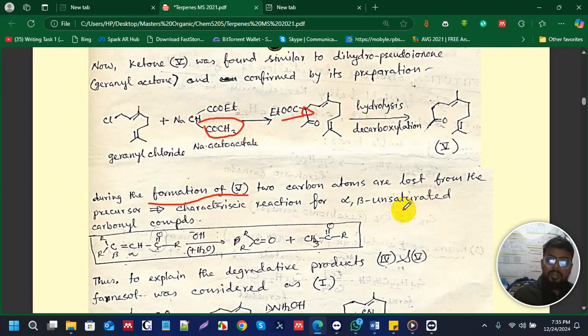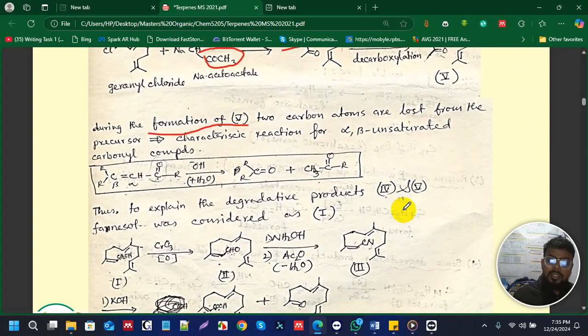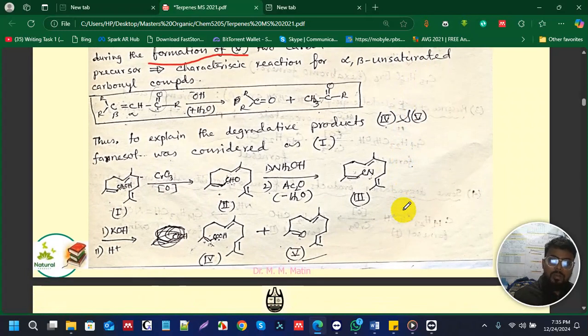So it is a characteristic reaction for an alpha beta unsaturated carbonyl compound. When you do alkaline hydrolysis, it will be converted into RCOCH3. Thus, to explain the degradative products 4 and 5, farnesol was considered as one.